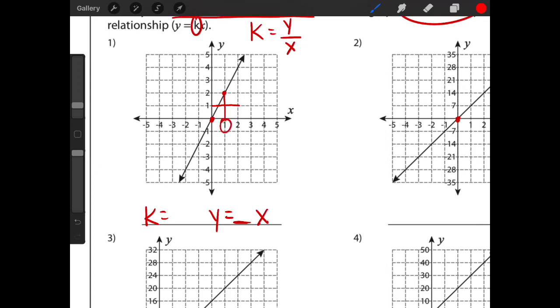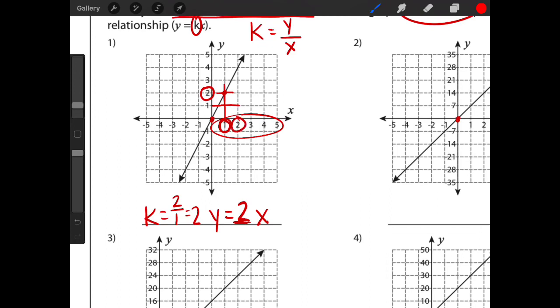So wherever my x is equal to 1, I'm looking for that. So take a look, and this is on a perfect cross section, which means that my y value is 2 and my x value is 1, so my constant is 2 over 1, which reduces to 2. So my equation is y equals 2 times x.